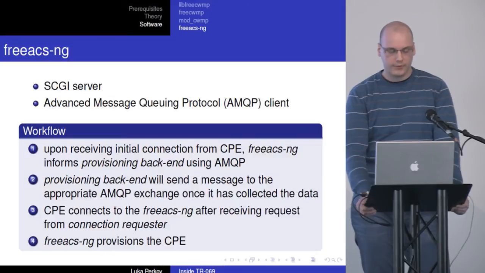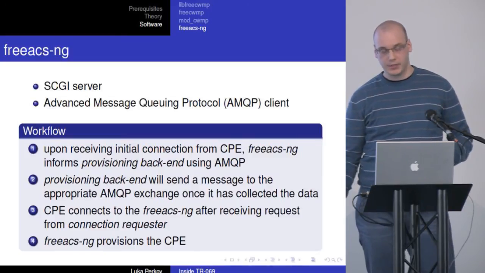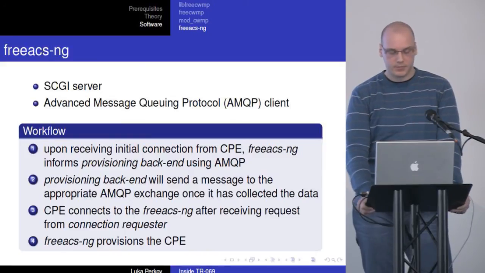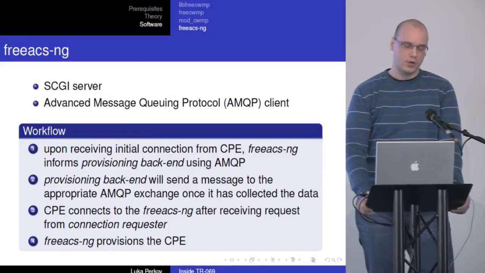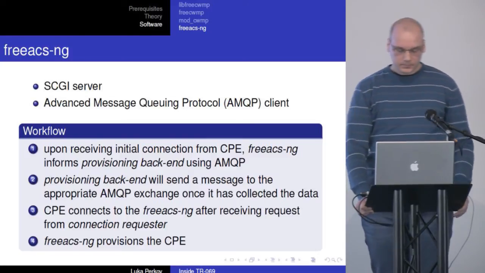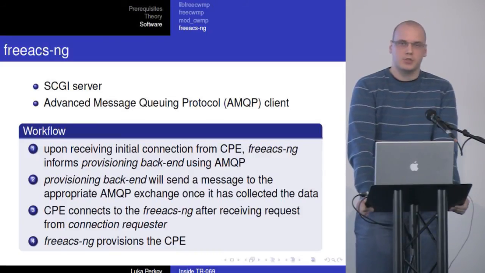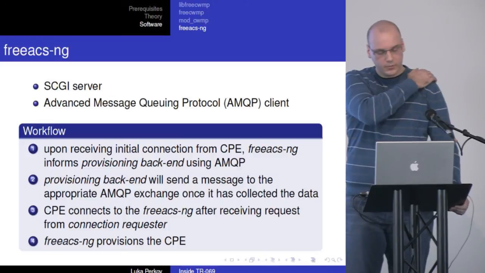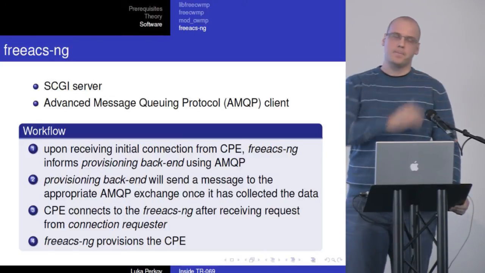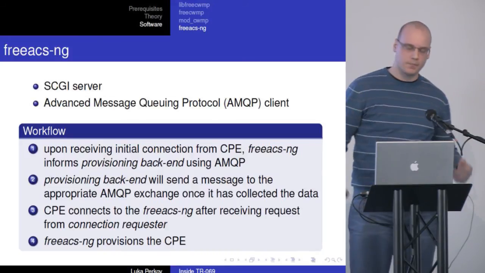So you have a web server which communicates with CPEs, and then this web server forwards the messages using SCGI, and then freeacs-ng parses these messages and uses AMQP, Advanced Message Queuing Protocol, to send them to some provisioning backend.